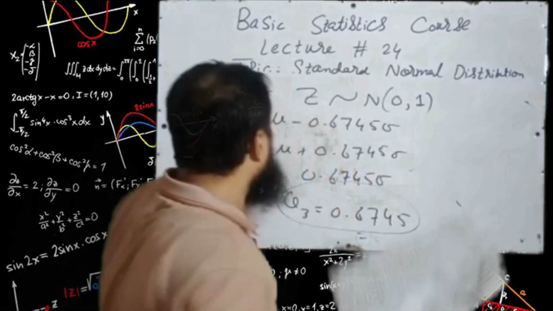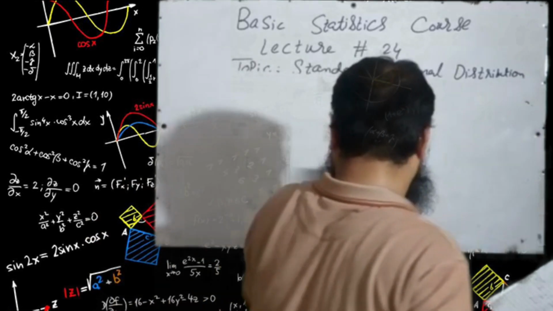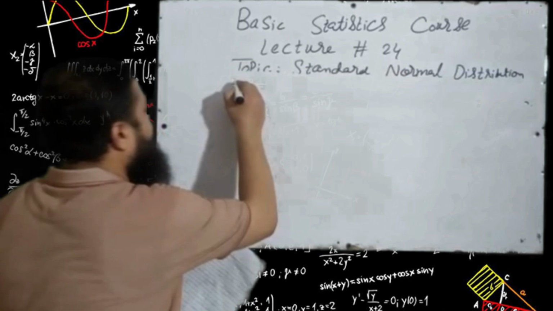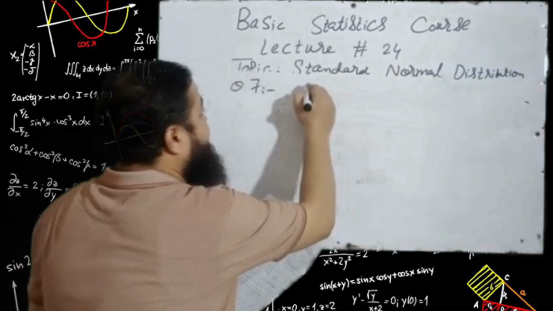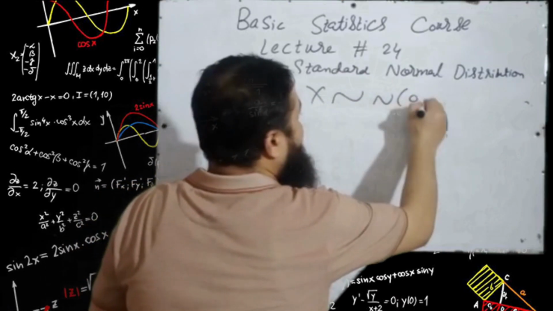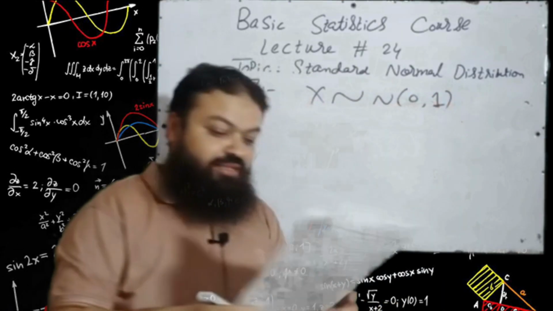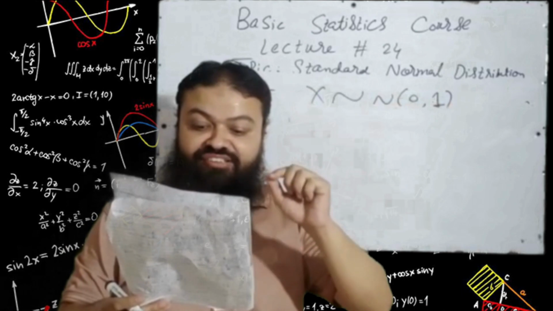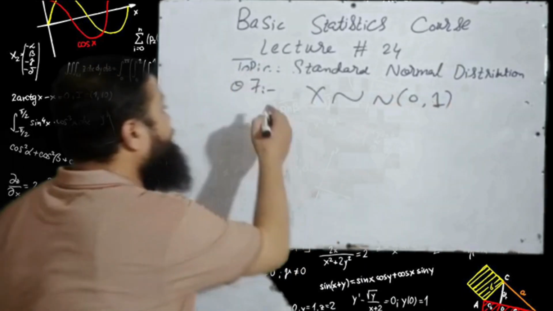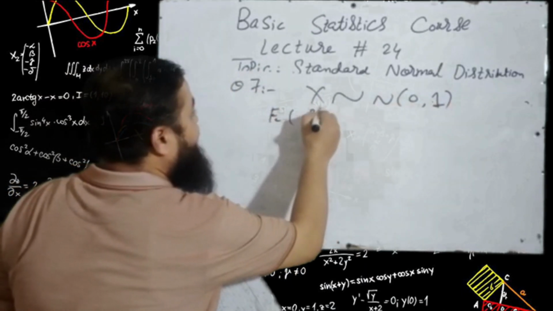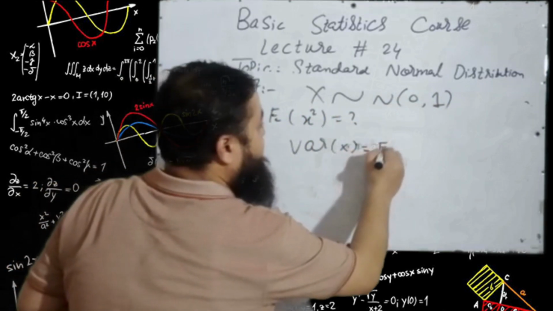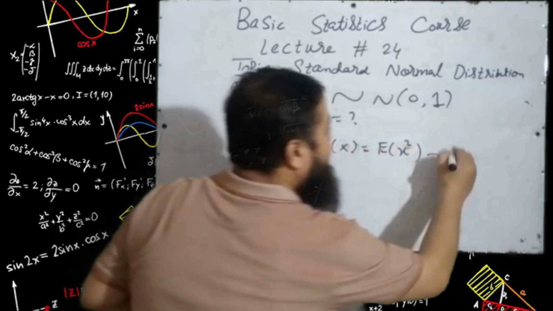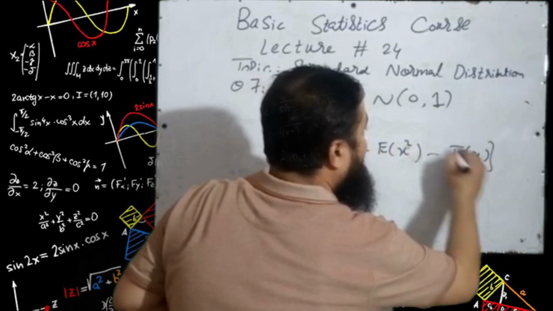Question number 7: if x follows standard normal distribution, mean is 0, variance is 1, the value of expectation of x square is, dear student, we have to calculate expectation of x square. We know variance of x is equal to expectation of x square minus mean, which is expectation of x, whole square.